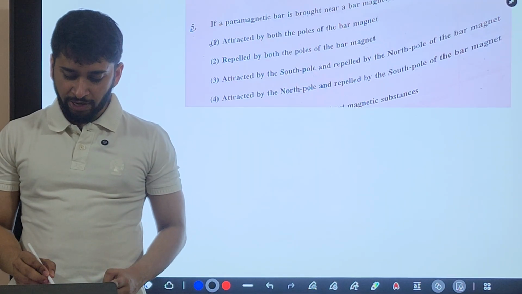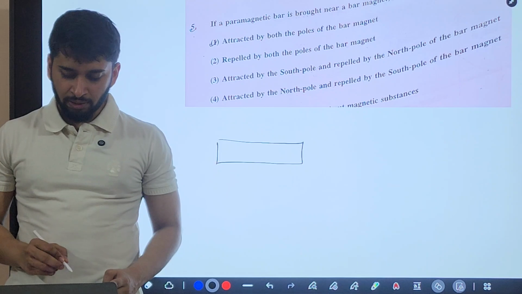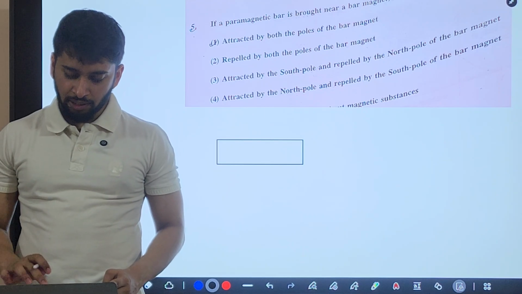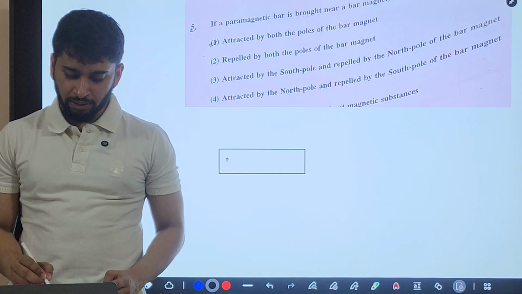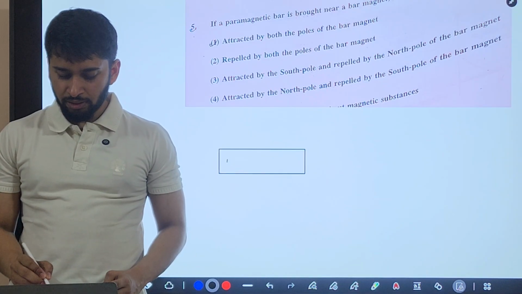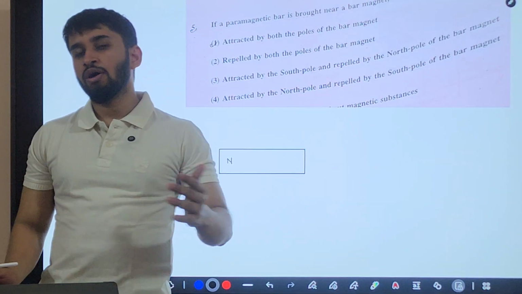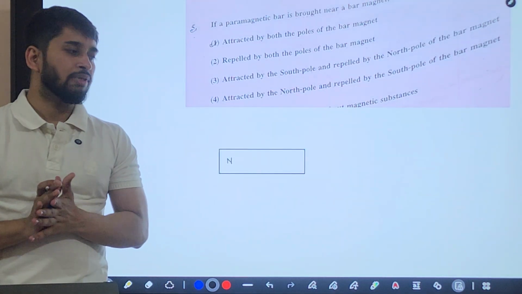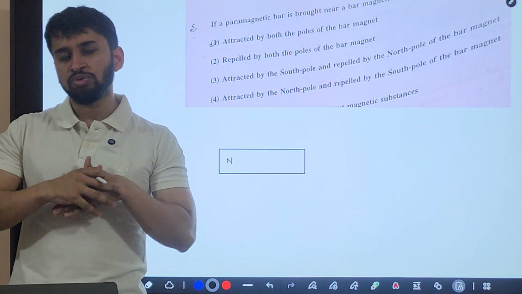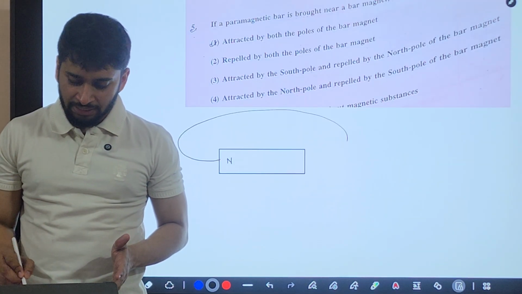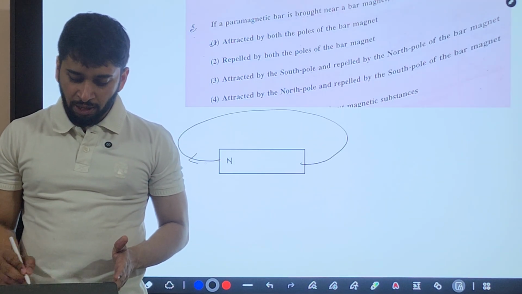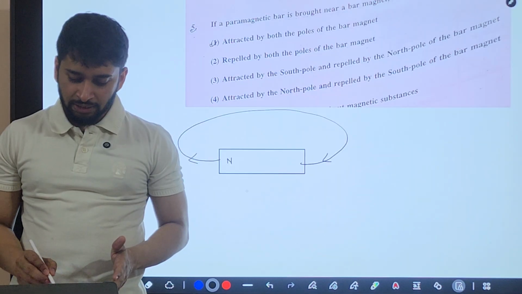See here, like if you have a bar magnet this way, north, so it moves in the direction of stronger magnetic field. It just moves in the direction of the stronger magnetic field. That is the case. So if the magnetic field lines are like this, coming out, going in, it does not matter.